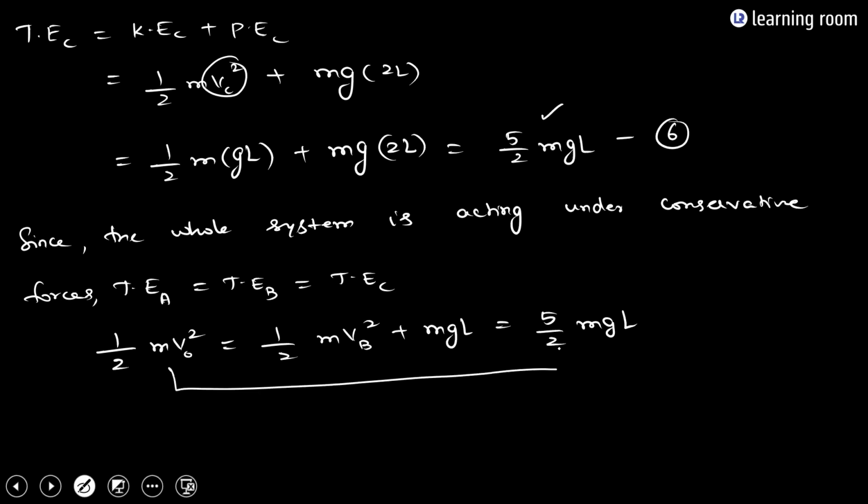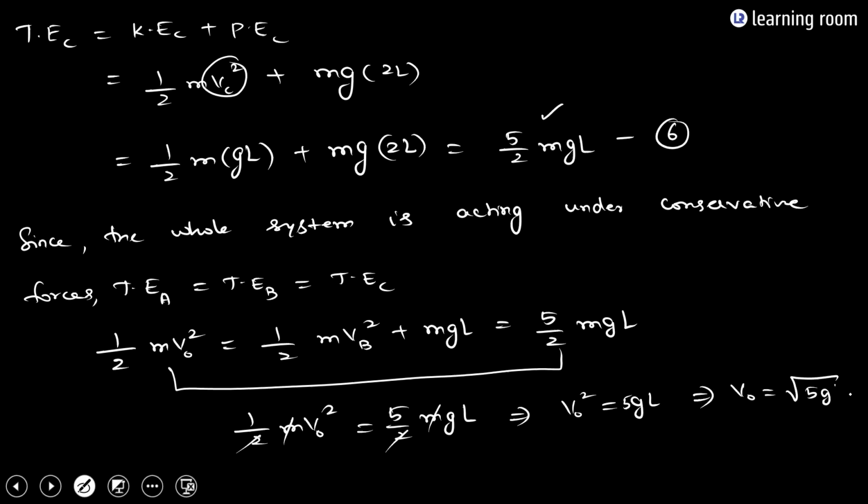Now, if I take the first and the last term, then I get half m v naught square is equal to 5 by 2 times mg into L. M and m will get cancelled, 2 and 2 will get cancelled, which implies v naught square is equal to 5 GL, and v naught will be equal to root of 5 into G into L. So this is going to be the velocity that is required for the object to complete the circular track. So this is the minimum velocity at the bottommost point.